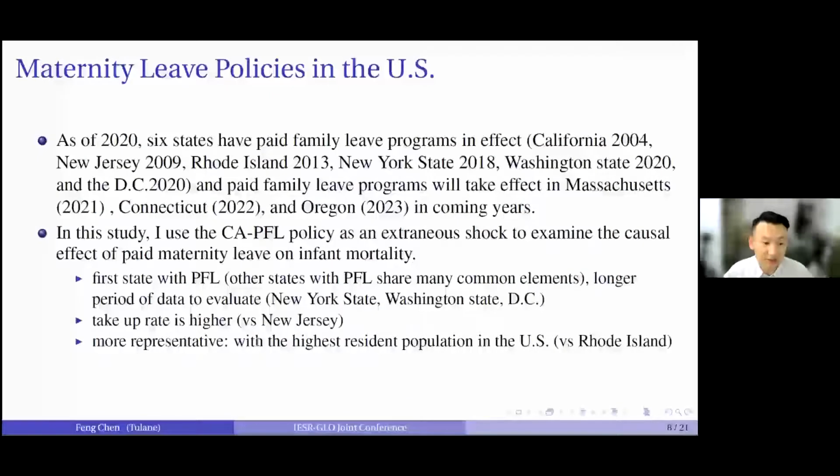And California is more representative because it has the highest resident population in the United States. However, for Rhode Island, the population is very small. For example, the annual infant mortality is around 15. So it's difficult to do a national analysis only looking at Rhode Island.